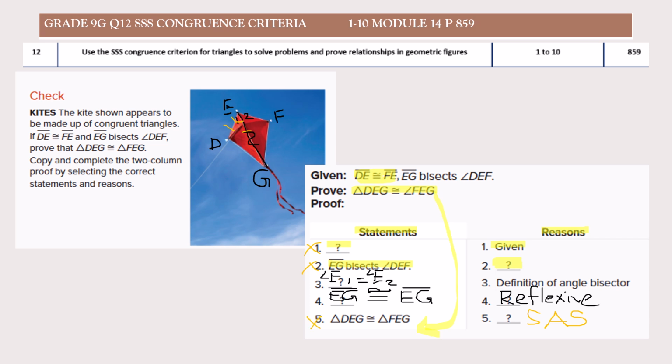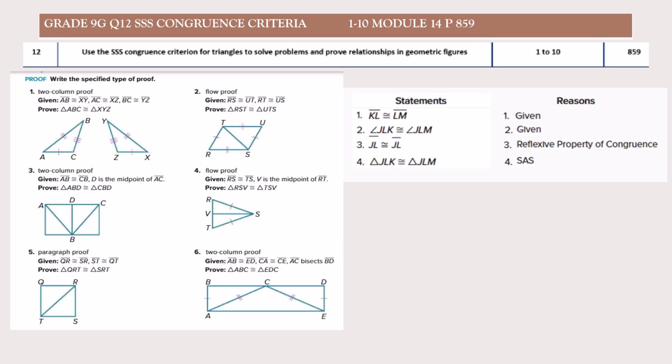In between you will look at what information is given. It's either bisected or reflexive. So let us go ahead and see what do we have to do for these examples.